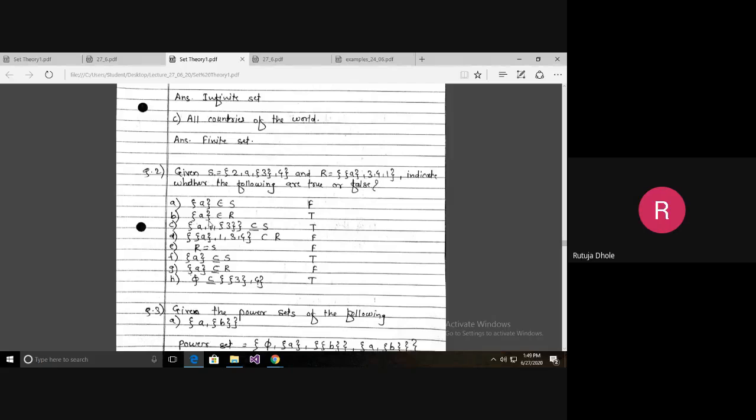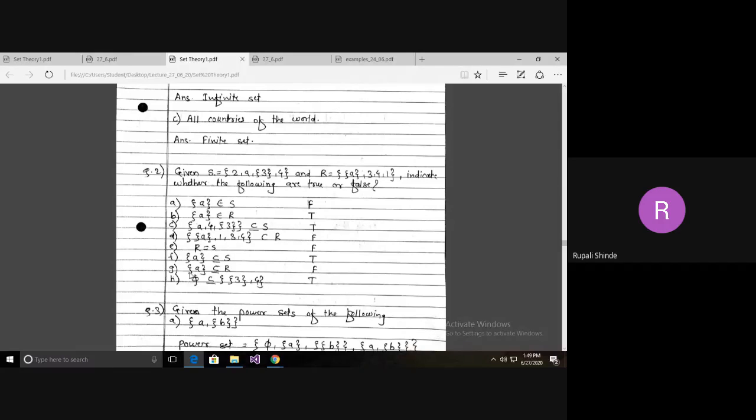So here we have written set A is a subset of R. Check here when set A belongs to R. Check whether that element is present here. Yes, set A is present in R. That's why set A belongs to R. That statement is true.